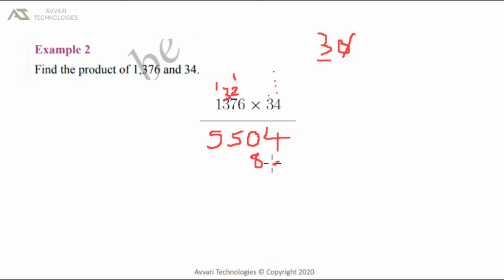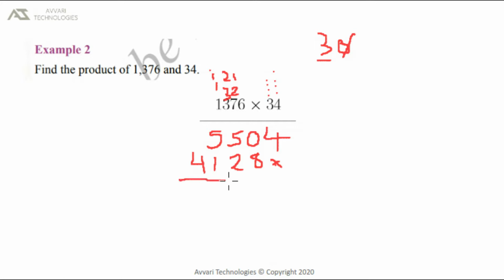The last place we are discarding, or we can write it as 0. Next, 3 into 7 is 21. 21 plus 1 carryover is 22. Next, 3 into 3 is 9. 9 plus 2 carryover is 11. Finally, 3 into 1 is 3. 3 plus 1 carryover is 4.